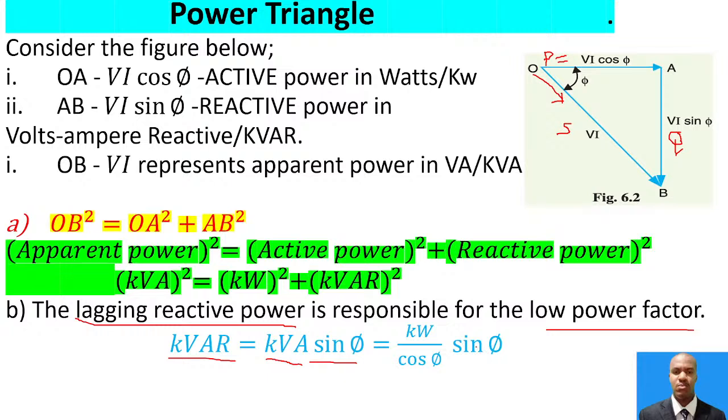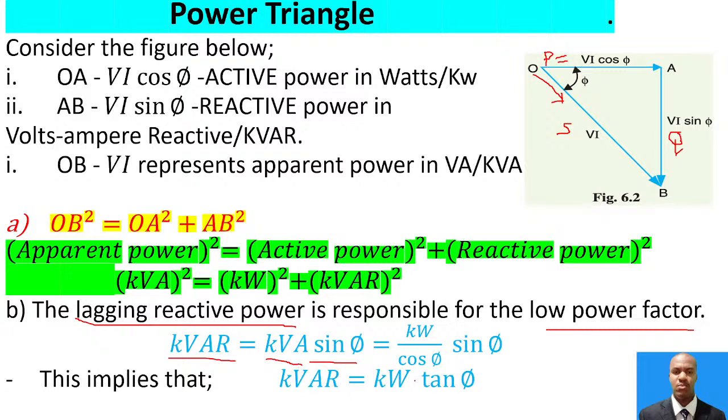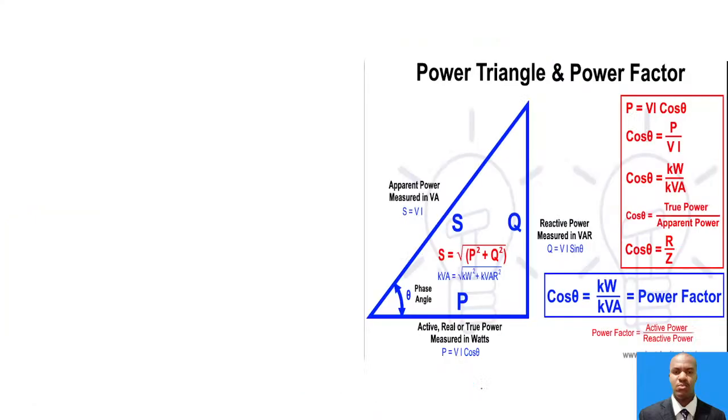Sine over cos gives tangent, and therefore the reactive component is equivalent to the true power multiplied by tangent of theta.